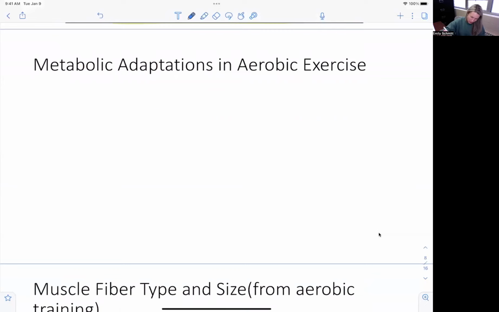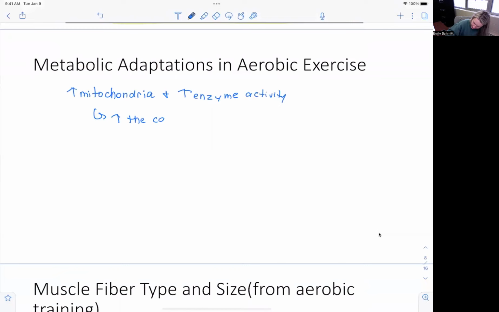So when we talk about our increased mitochondria and an increase in enzyme activity, this means that we will have an increase in the capacity of muscle mitochondria to generate ATP aerobically.